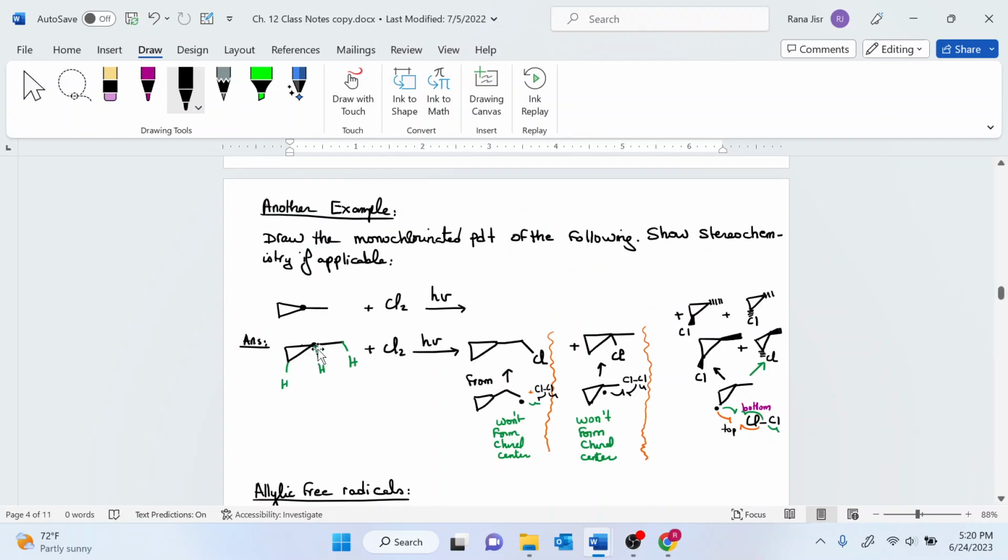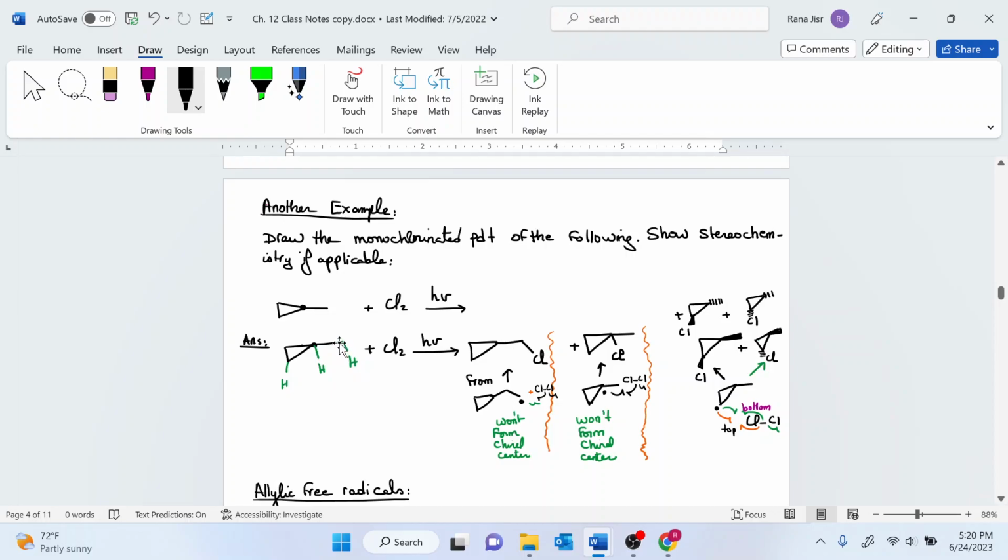This is another example over here, but now with the chlorine. And because you are using chlorine, you're going to end up getting more than one product because you have different types of hydrogens. And the chlorine is reactive. So you're going to end up replacing the secondary hydrogen here, the tertiary hydrogen here, and the primary hydrogen in here. Now, when you replace each one of these hydrogens, they are going to go by their own radical.